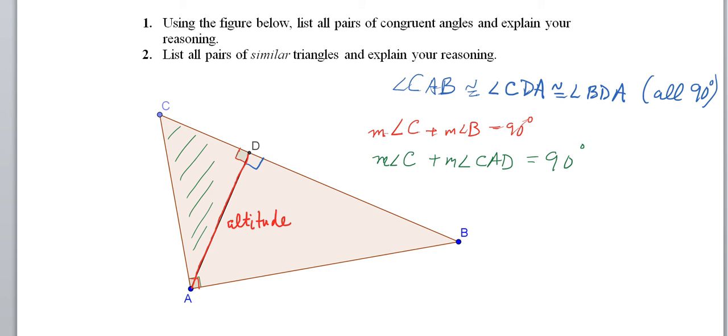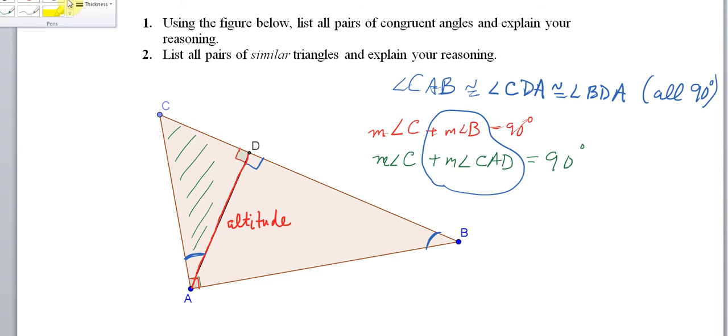Okay, and when we put these two statements together, we'll prove them in the next video, but I just want to sketch out the reasoning here: C plus B equals 90, C plus CAD equals 90, therefore B and CAD must be congruent to each other. So angle B and angle CAD must be congruent to each other.